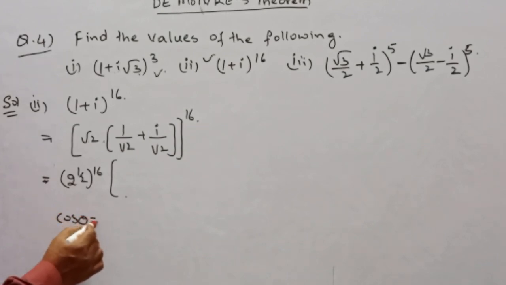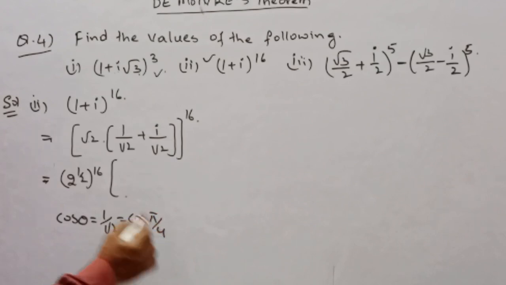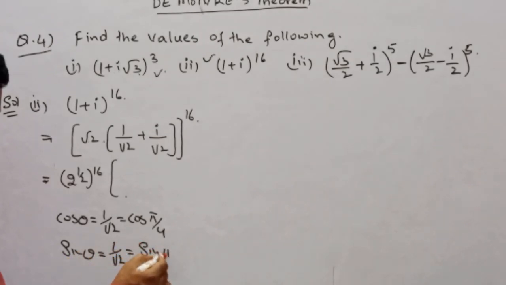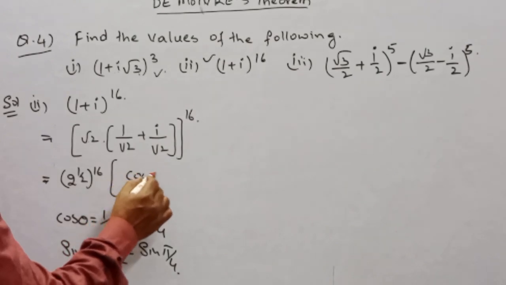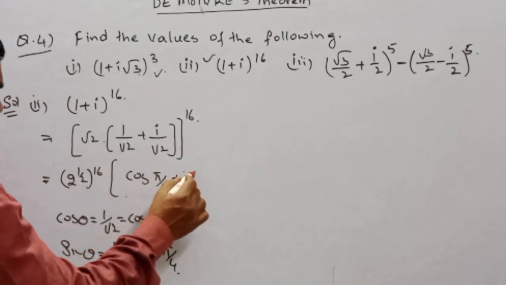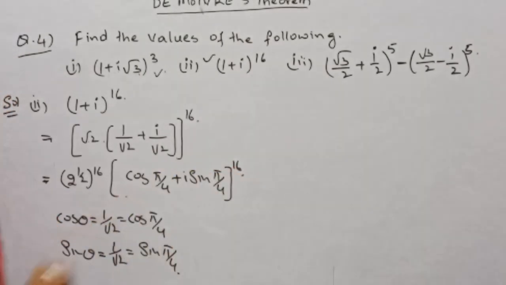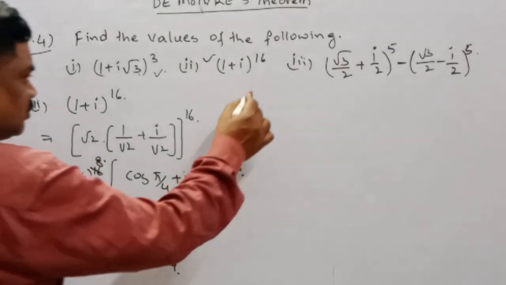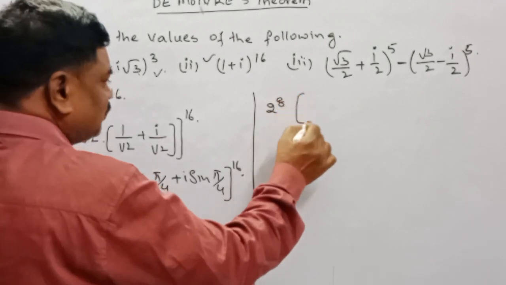Cos theta is equal to 1 by root 2, which is cos pi by 4. Sin theta is equal to 1 by root 2, which is sin pi by 4. So this can be written as (cos pi by 4 plus i sin pi by 4) whole power 16. Here, 2 to the power 8 of.